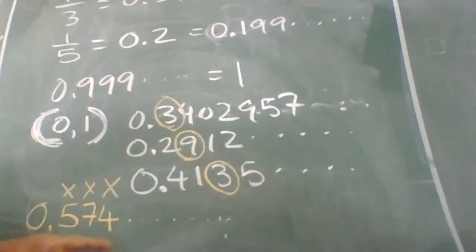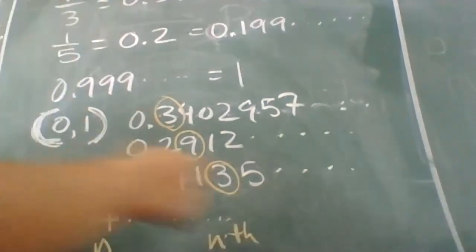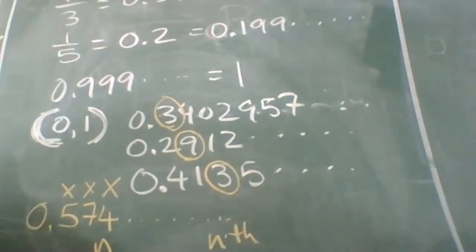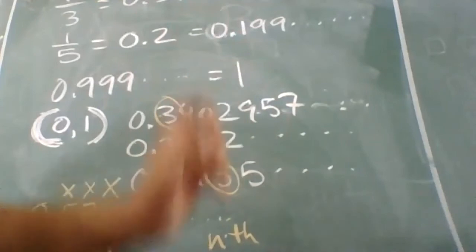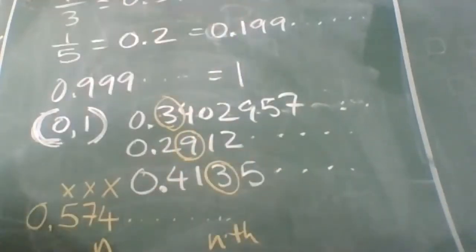So in whichever room this number goes, whichever place in the list this number goes to, there is no room for it. Because if it goes to the nth place in the list, the nth digit will be different from the nth digit of the number that is already there.